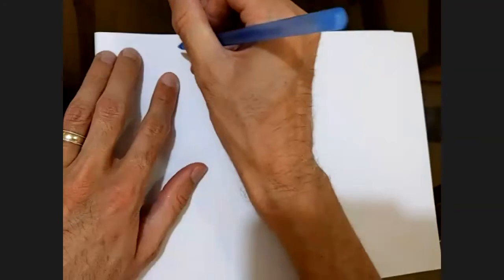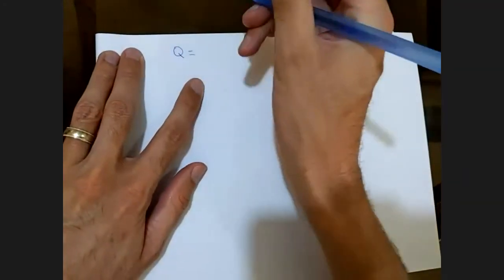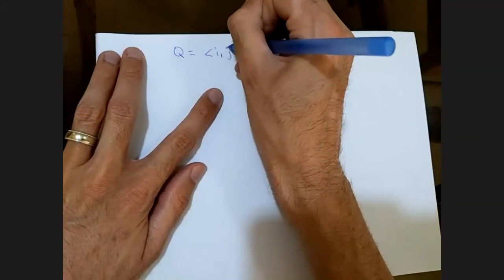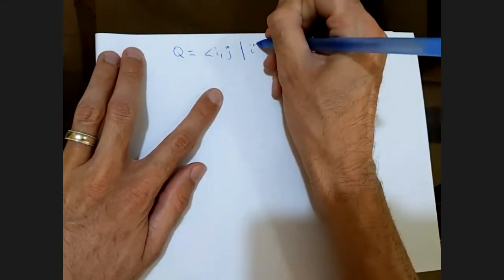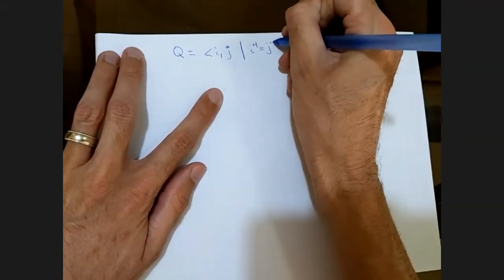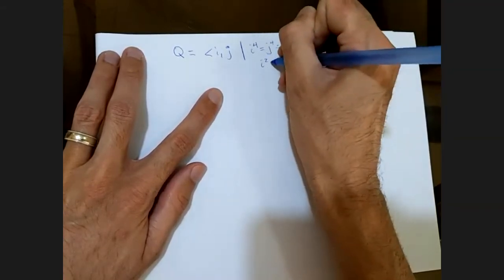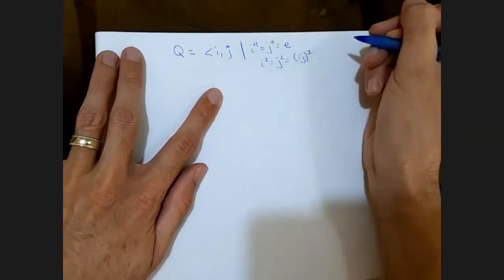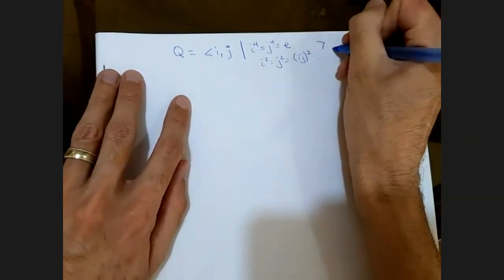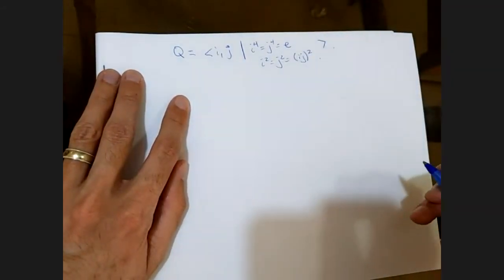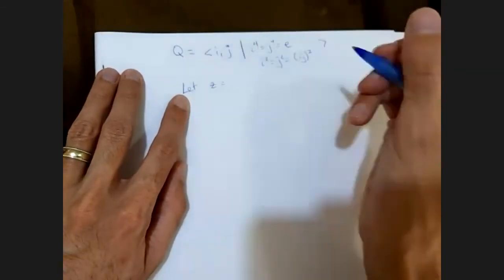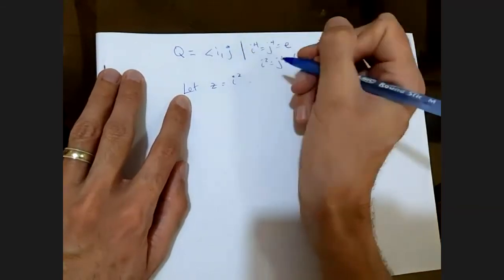Okay, so let's call Q. Again, it's generated by I and J, two things. And let Z be I squared.